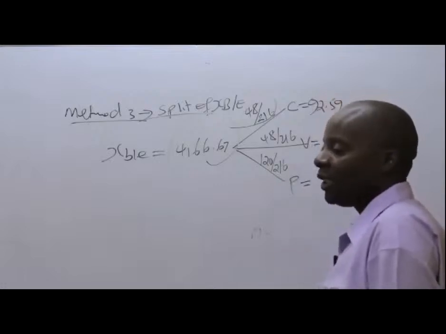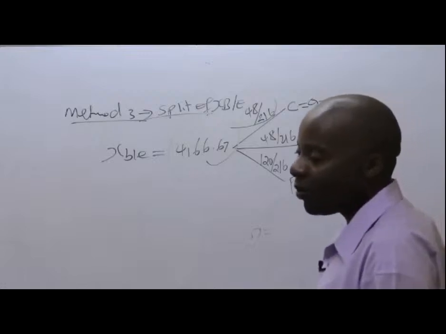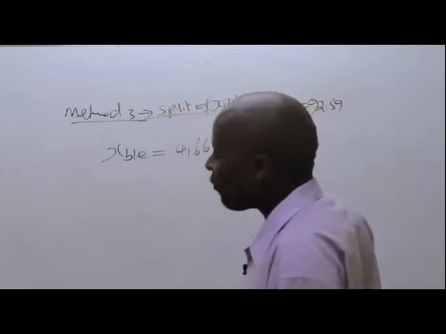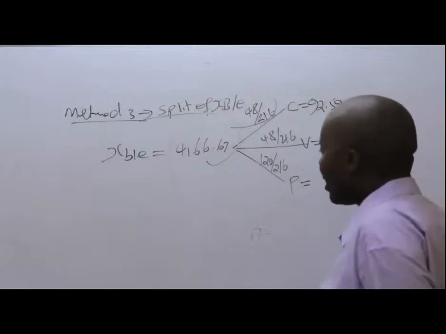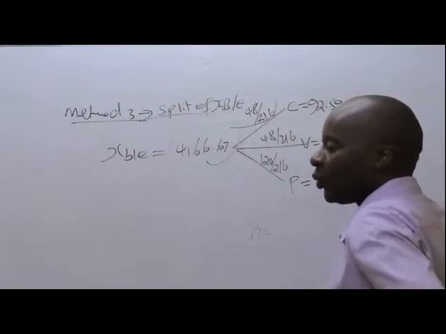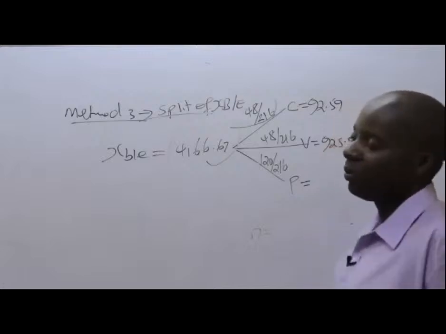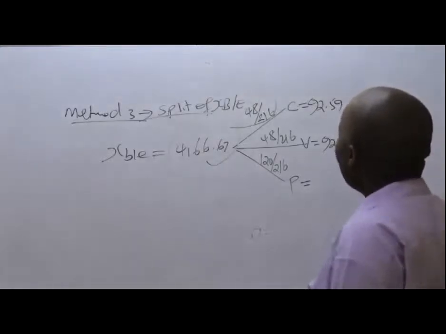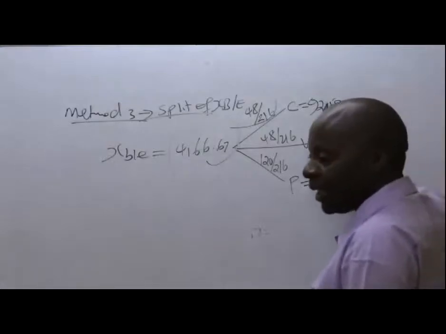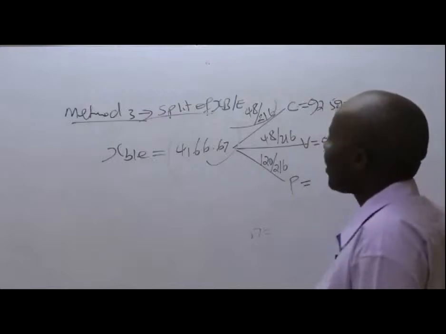Please go to V. V, what do we have here for V? 925.94, that is V. And then P, the last one is P. Or you want to mean that C is 925.93. Thank you. So how about V?